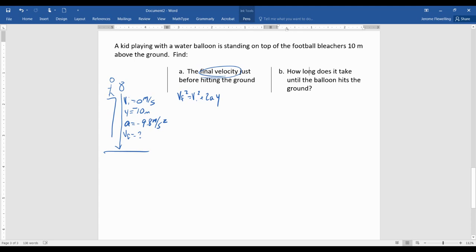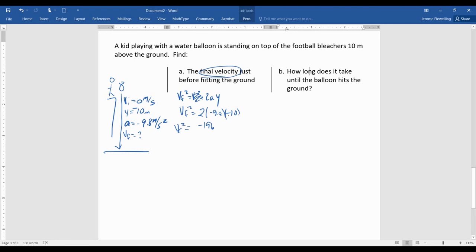Our initial velocity was 0, so VF squared equals 2 times a negative 9.8 times a Y displacement of a negative 10. And when I multiply all of those together, I get 196 is equal to VF squared.